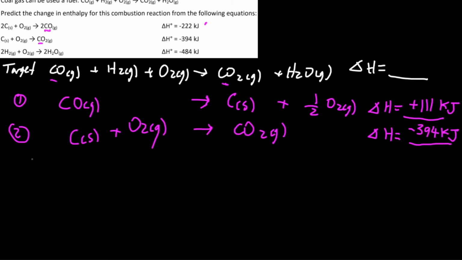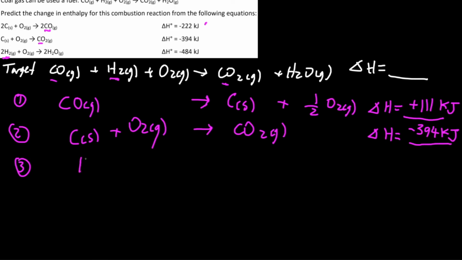And for the third one, I see that there is one hydrogen gas, and in our given equations, there's 2 moles of it here. So what I'm going to do is divide everything by 2.